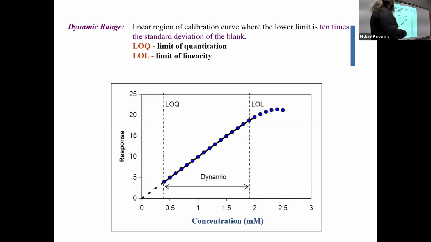Now, there's a limit where you can effectively use a region. So the dynamic range is this linear range of the calibration curve, where the lower limit is 10 times the standard deviation of the blank. That's sort of a conservative bottom limit for the smallest that you can be certain you're detecting.